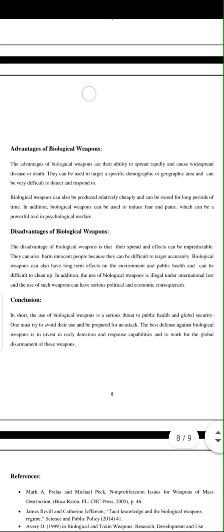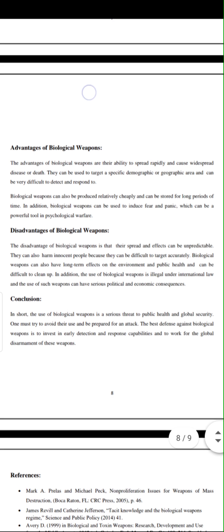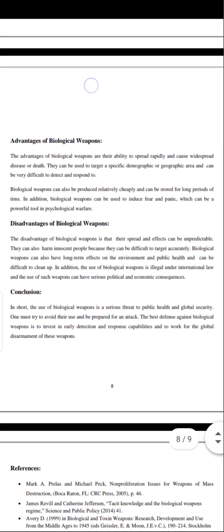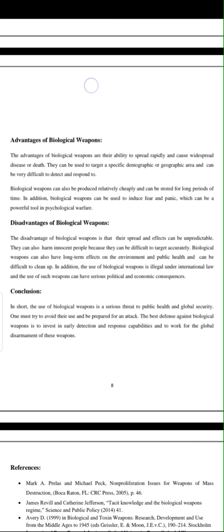Biological weapons have different advantages as well as disadvantages. Their advantages are their ability to spread rapidly and cause widespread disease and death. They can be used to target a specific demographic or geographic area, and they can be very difficult to detect and respond to.